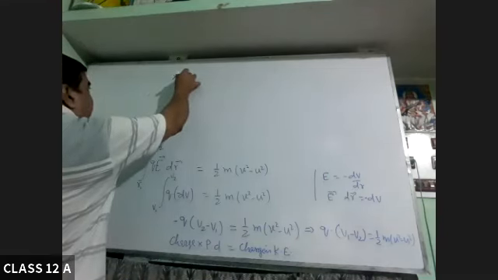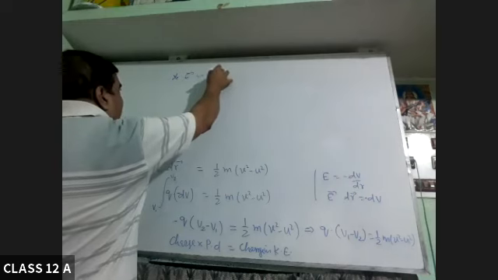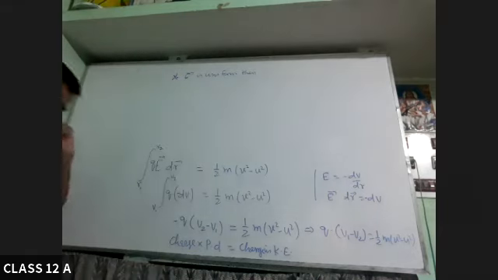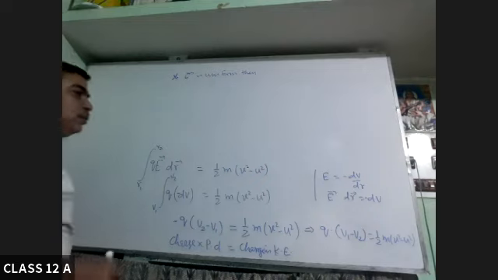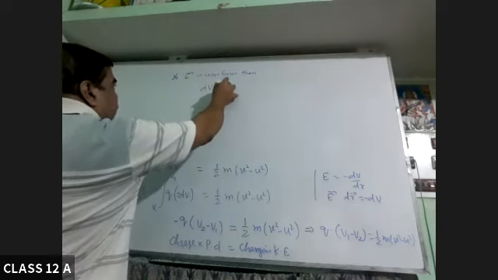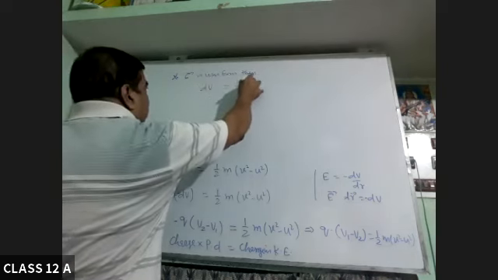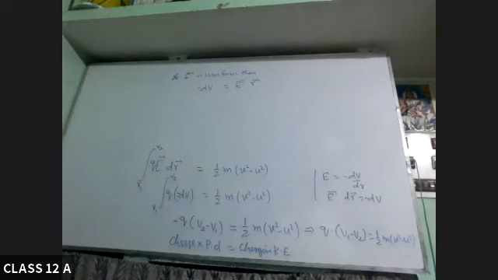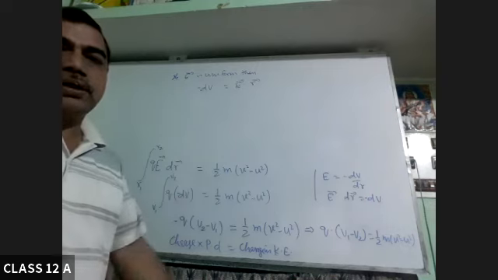So if the electric field is uniform, then dV will be minus E into R. That is, it will depend on which direction you are moving, whether you are moving in the direction of the electric field.